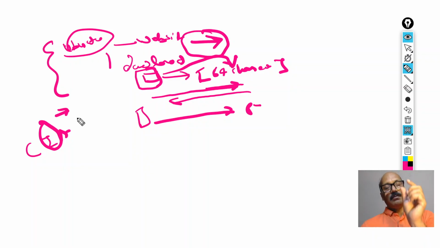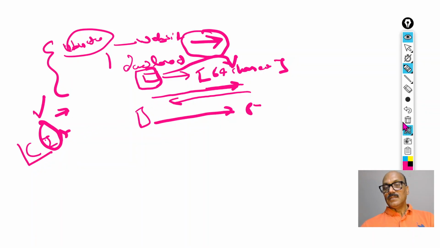Then it means that the document is modified. So it is purely checking the integrity of the document in the CI model.